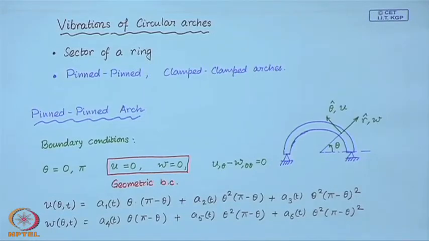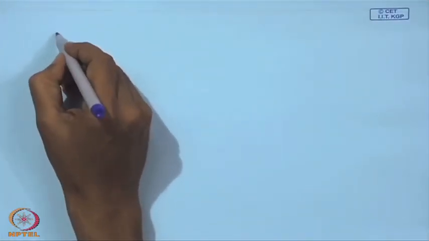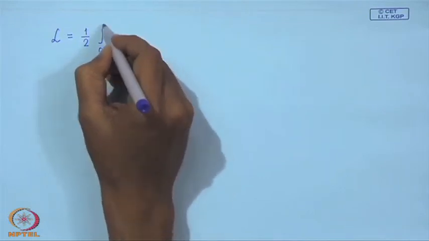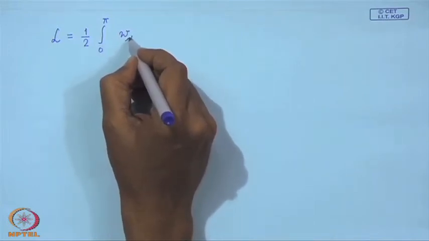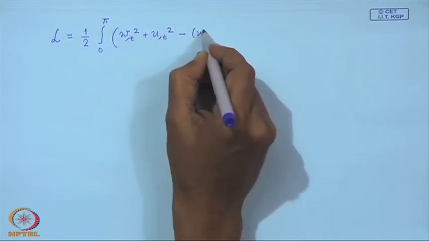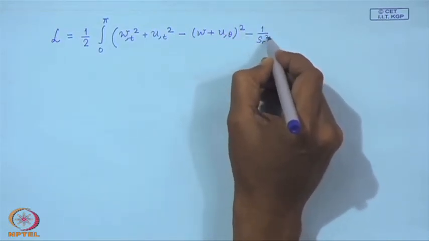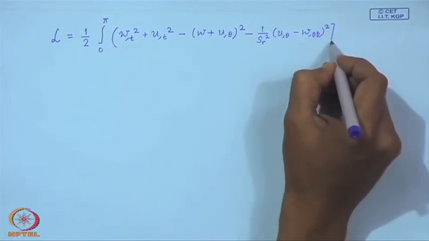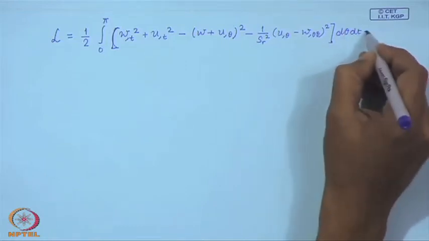Now, these expansions we substitute in the Lagrangian. So, we have a semicircular arch, 0 to pi. So, this is our Lagrangian.